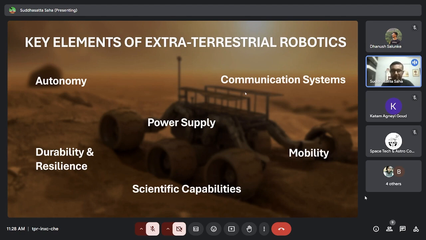Sometimes there are communication delays, and as you already know, the planets we explore are very far away from our Earth, by very large orders of magnitude, and therefore there should be some degree of autonomy in whatever the rover does on another planet or another celestial body.